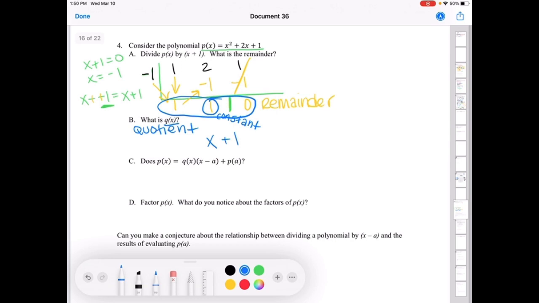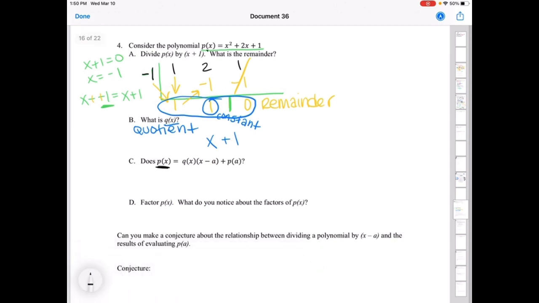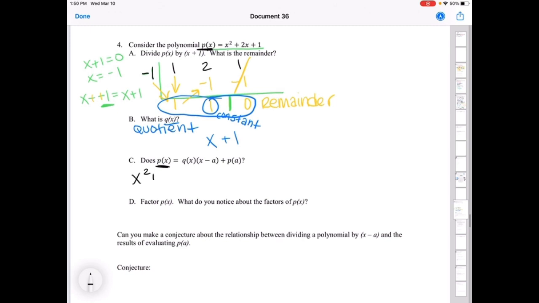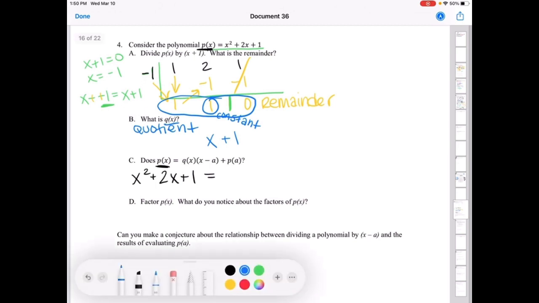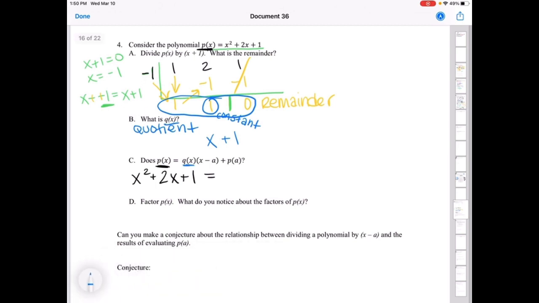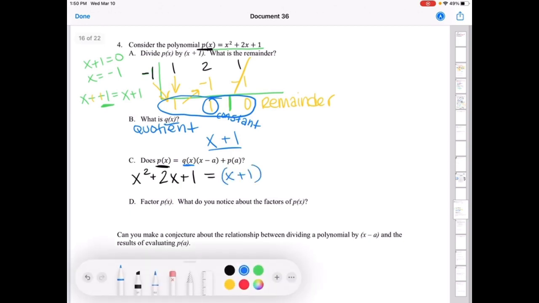Now it asks, okay, well, does p of x equal q of x times x minus a plus p of a? So in this situation, does p of x, which is our polynomial, right? That's our original polynomial. So does x squared plus 2x plus 1 equal the quotient, which we have here, so x plus 1, times the divisor, right?